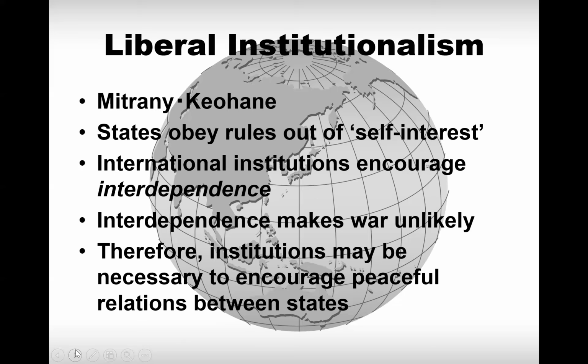If both liberal and illiberal states join international institutions, then they will come to depend upon one another. And if they depend upon one another, then they're unlikely to go to war.